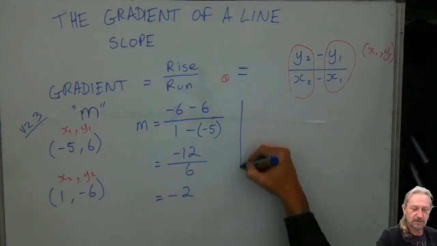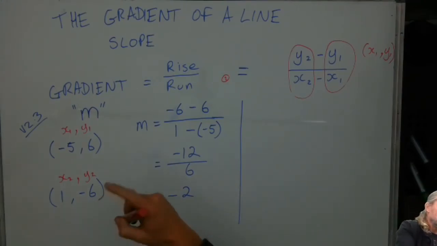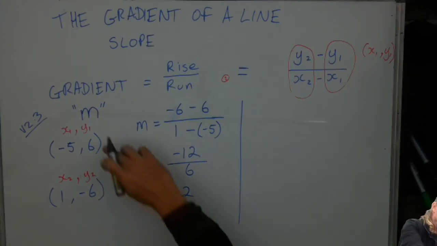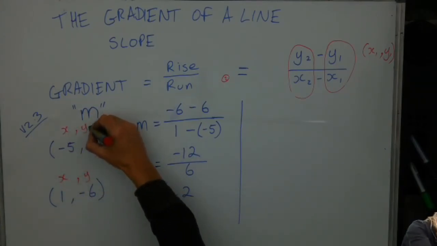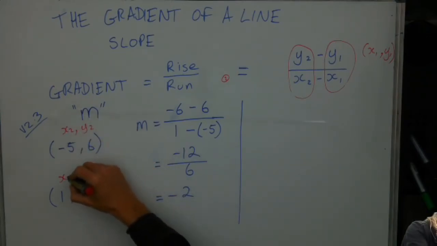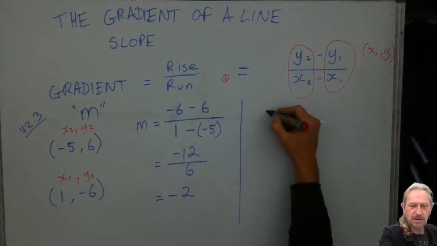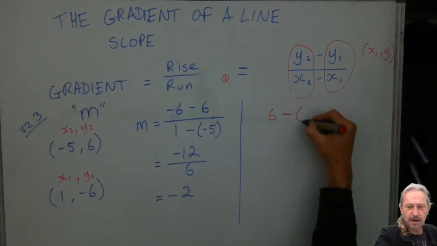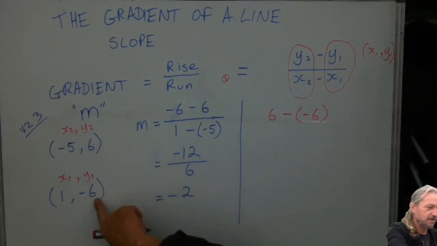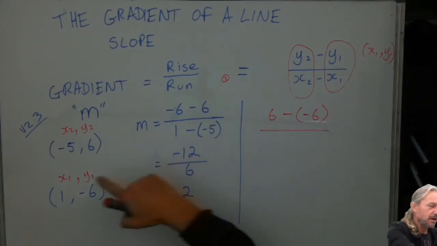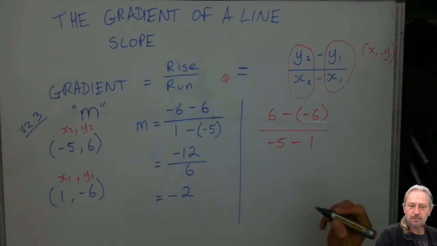Now, let's just do it the other way around. So, if we swap these numbers, we call that point 2 and that point 1, we would have positive 6 take away negative 6, this one take away that one, divided by negative 5, take away 1.